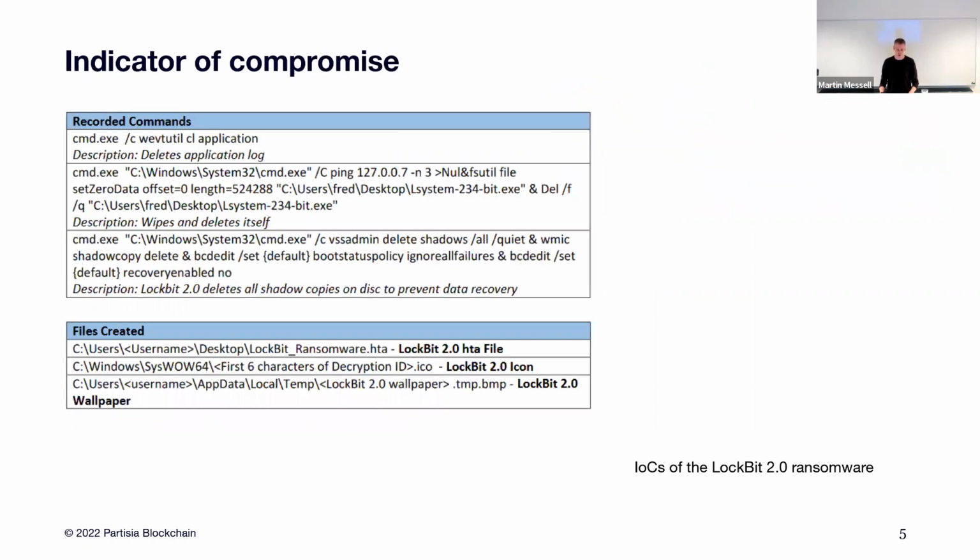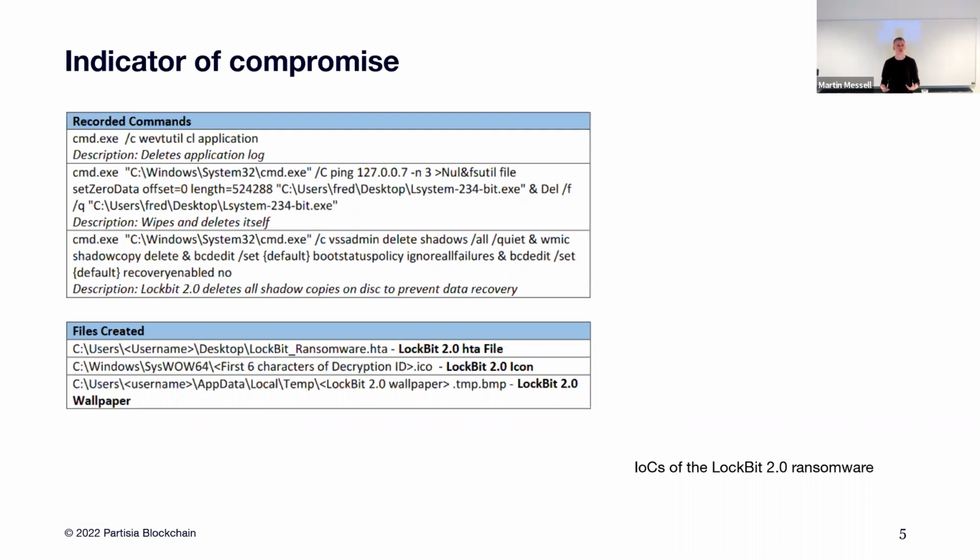And I have a couple examples here of some indicators of the Lockbit 2.0 ransomware, where some commands are recorded in relation to this attack. These are listed on the top, so long commands through the CMD, and also files are created at these particular locations with these names. So this is just a snippet of the many indicators of compromise of this Lockbit 2.0 ransomware attack.